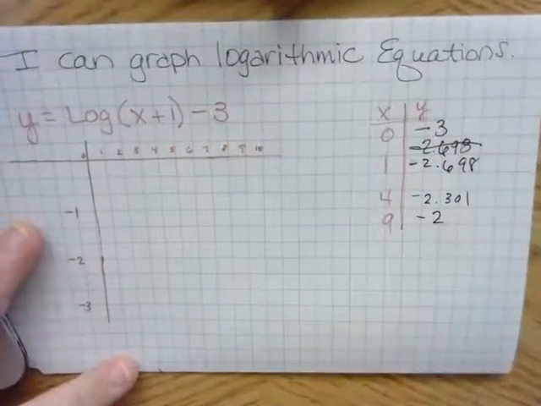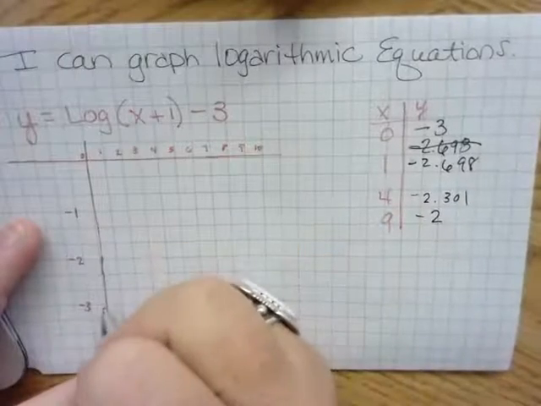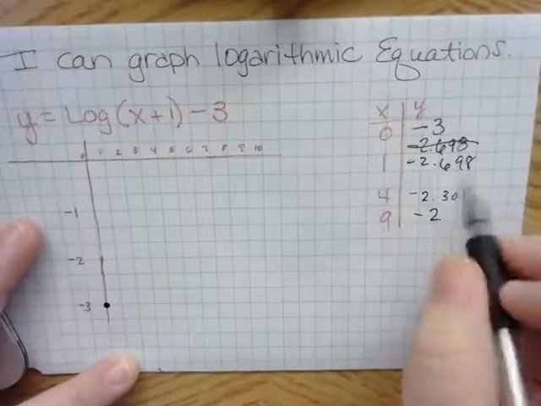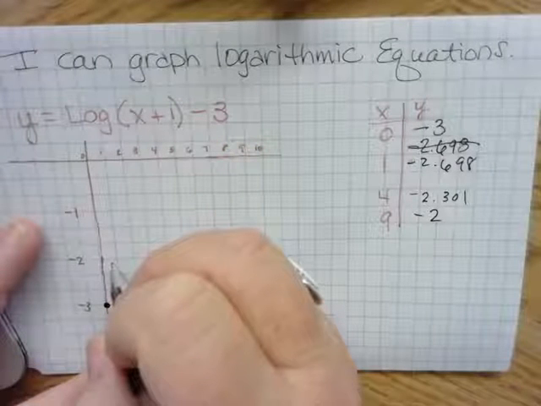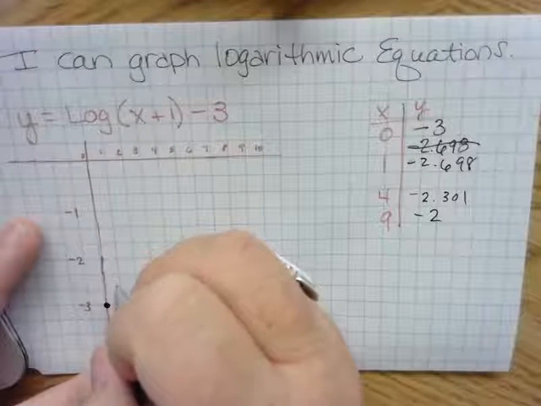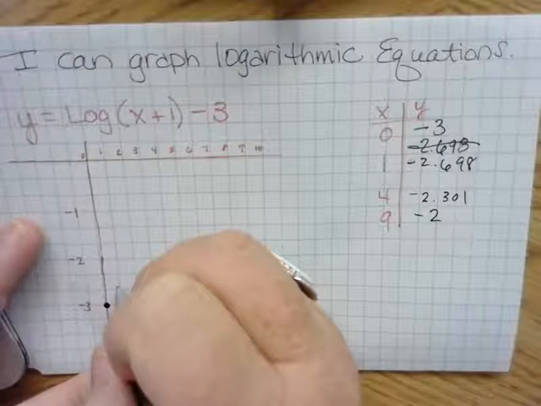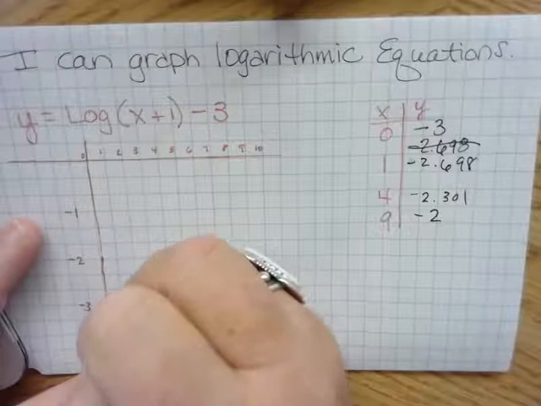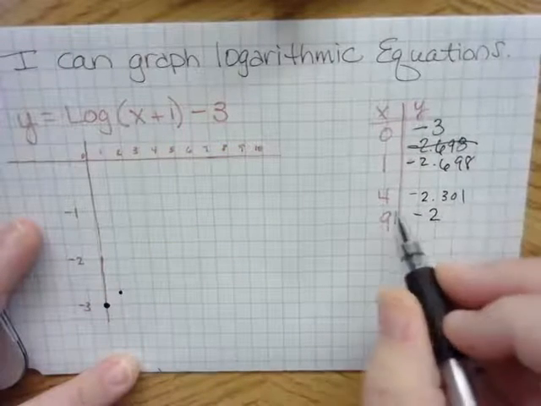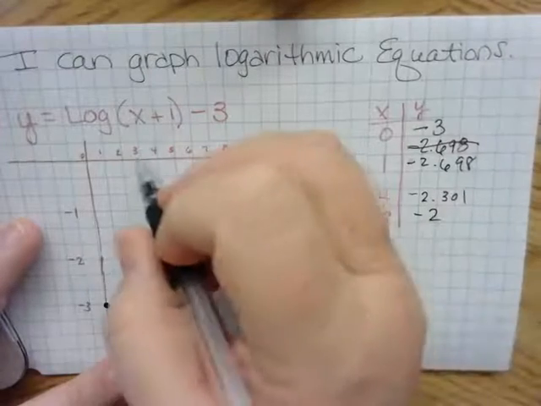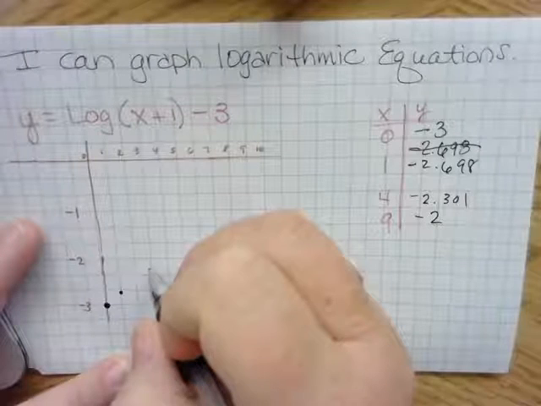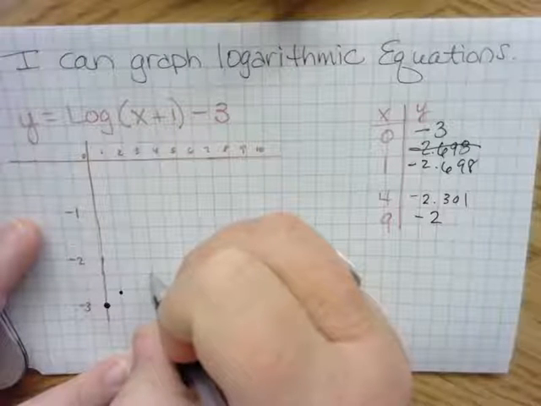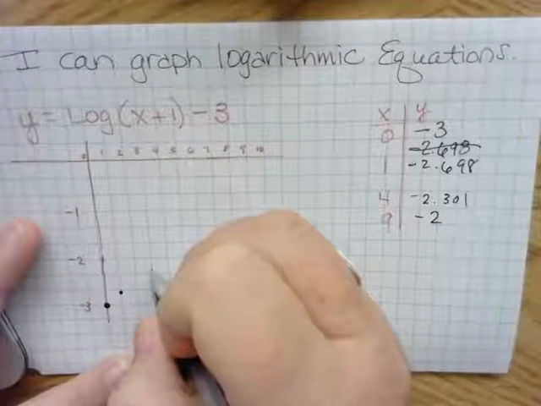I'm going to plot these points, 0, negative 3, 1, negative 2.698, which is closely negative 2.7. Here's negative 2.5. So I'm going to figure that it's probably about right here. 4, negative 2.3, probably about here.